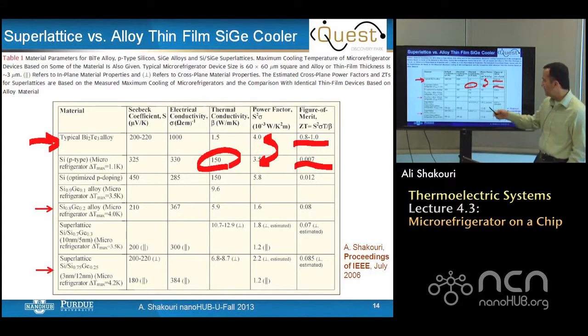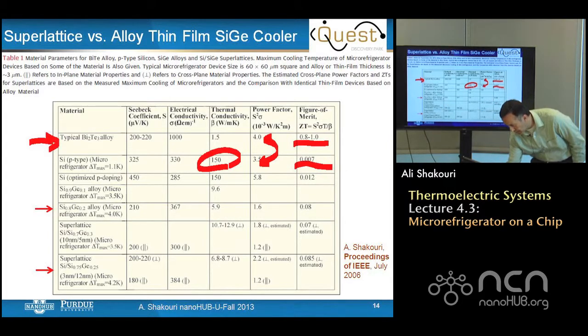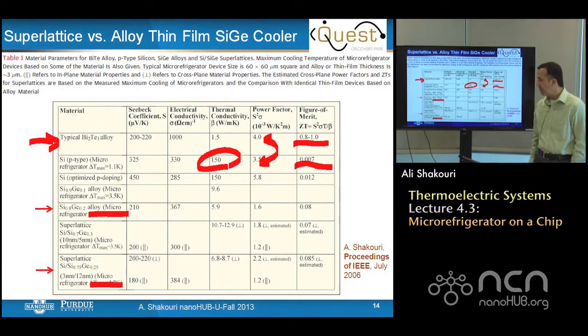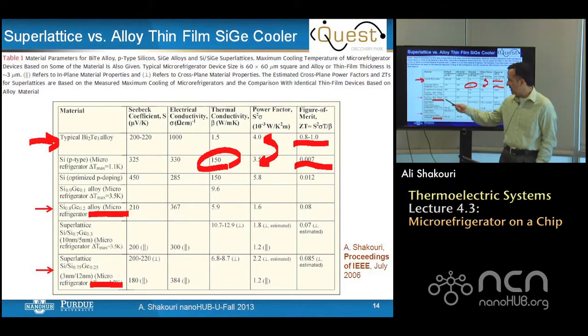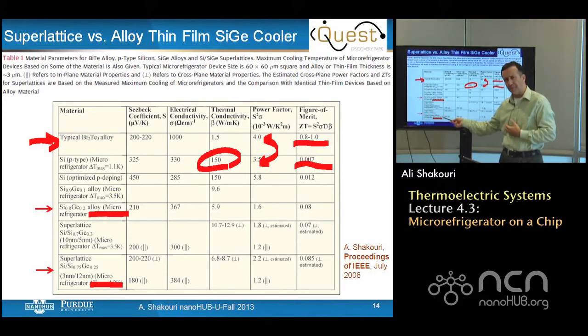Then here you can see in the two lines in the bottom, silicon germanium alloy, 3 micron thick device that has a maximum cooling of 4 degrees Kelvin, and a superlattice device that has a maximum cooling of 4.2. So you can see basically lots of engineering of tiny layers, thermionic emission, reducing of the thermal conductivity, improve the cooling just only 5%, barely observable.